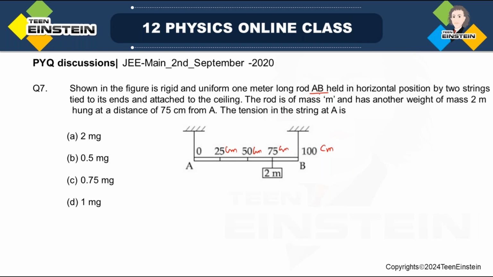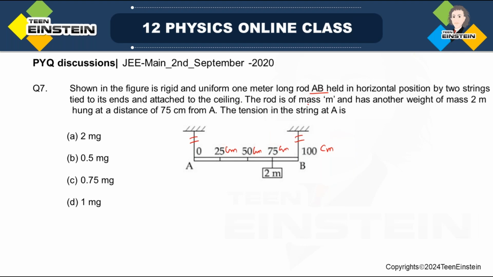This AB is held in horizontal position by two strings tied at its ends. So there are two ropes or strings here with which the rod is tied, and the strings are attached to the ceiling.